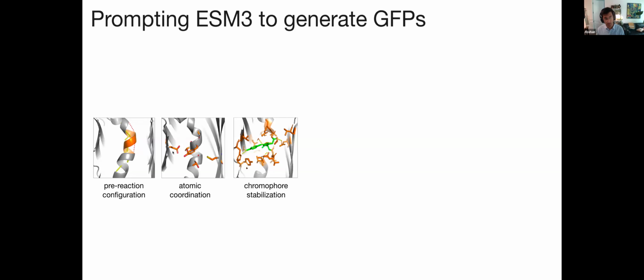The side chains of particular amino acids will start to coordinate, and then they form this chromophore, which results in the breaking of a number of these bonds and allows the molecule to absorb and then re-emit light. This is a very interesting and unique mechanism and requires a very high degree of structural accuracy in order to form this exact site. So we thought that this would be an easy to validate but challenging design problem.